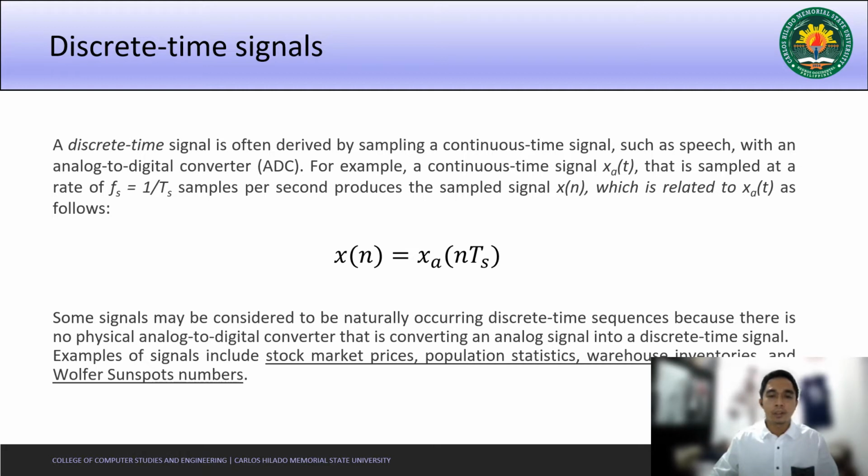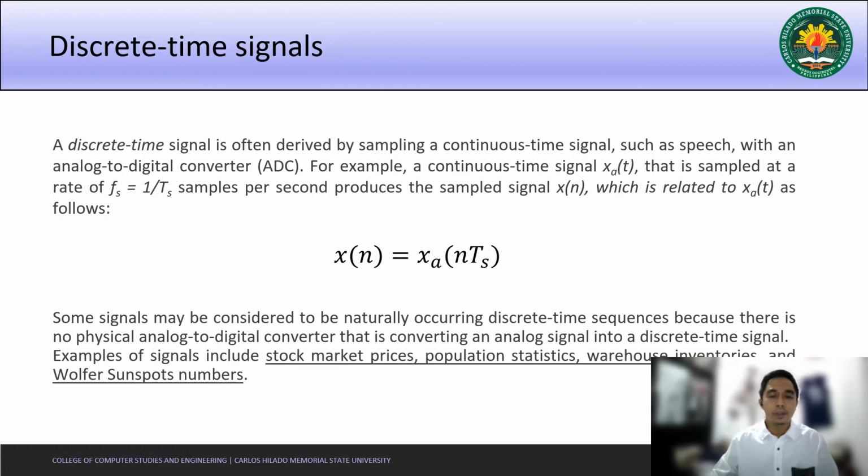This continuous time signal is being sampled at a rate in frequency of 1 over T, where T is your period in seconds and f is in frequency. In this example, it is called samples per second, which produces the sampled signal x sub n, related to x sub a of t as follows.